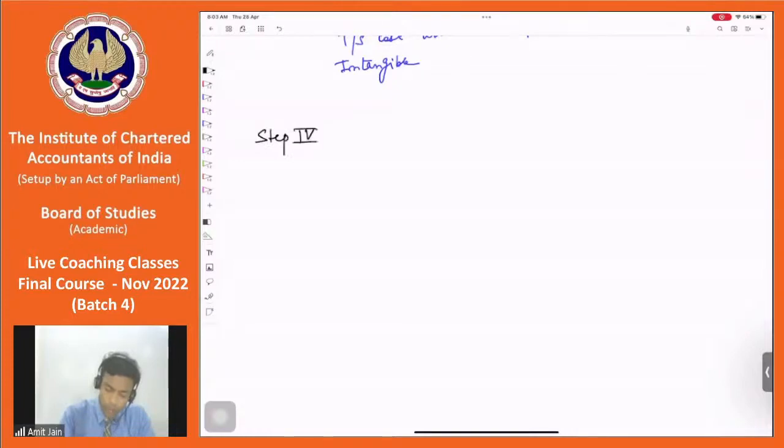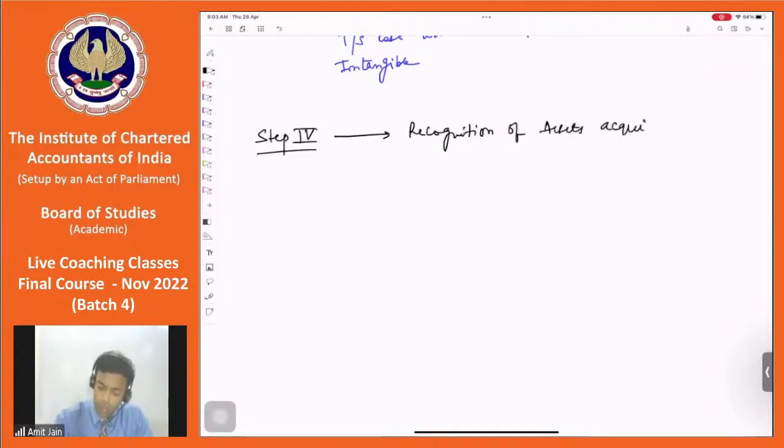Step 4: recognition of assets acquired and liabilities assumed.